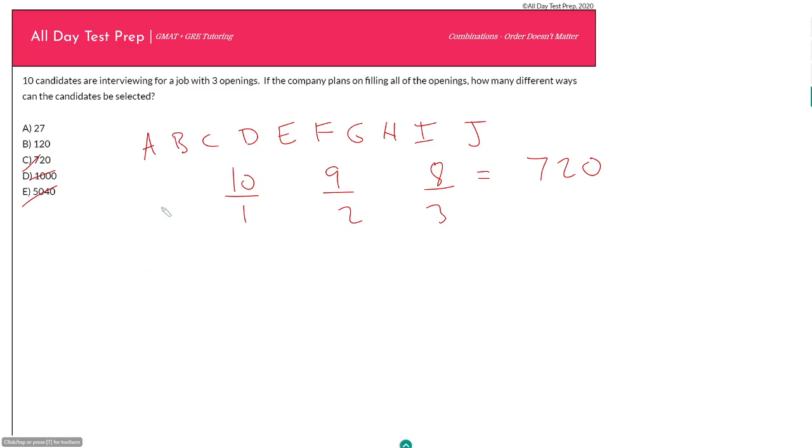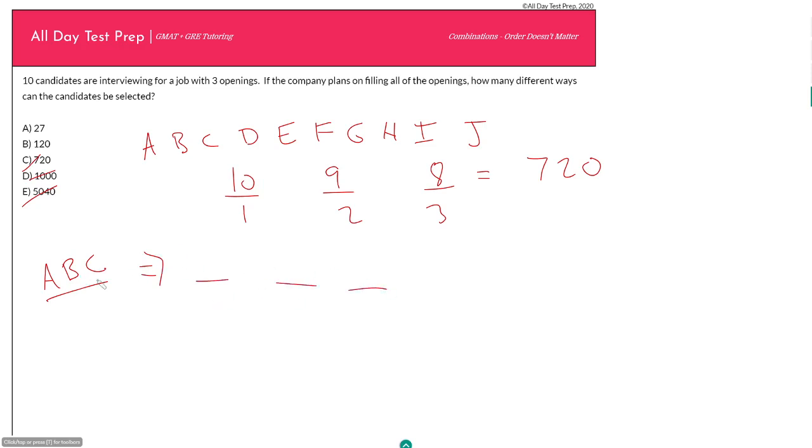Well, the way to think about it is for any given team of 3 people. So let's say the 3 people I chose were in fact A, B, and C. Doesn't have to be. Could have been A, B, and D, B, E, and F, H, I, and J. It doesn't matter. But let's say the 3 people I chose were A, B, and C. Well, how many ways can any given team of 3 people be arranged?